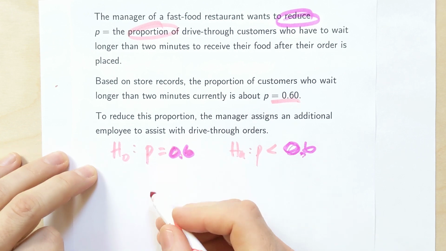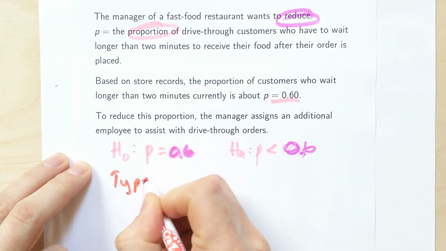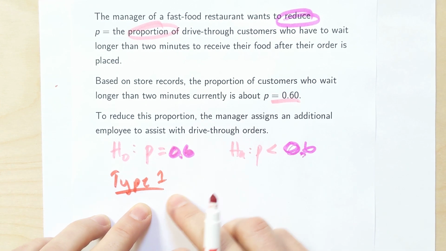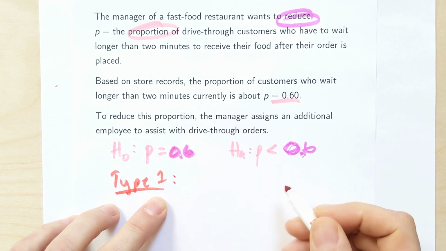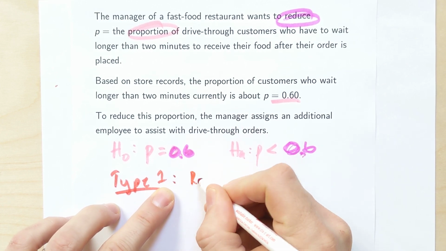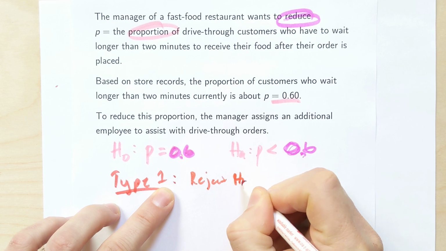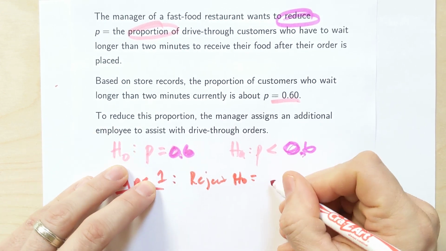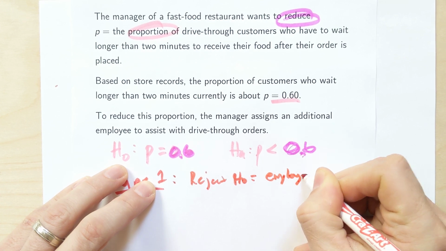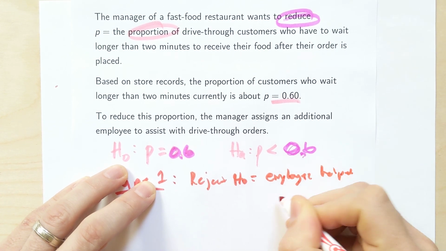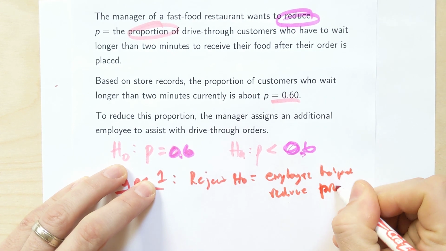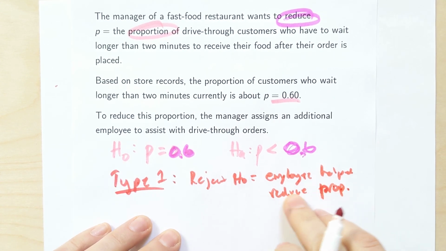Well, remember, the type 1 error would be the situation where I would reject the null hypothesis when the null hypothesis is true. Let's think what that would mean. In this particular instance, if I choose to reject H0, that equals that the employee helped reduce the proportion of customers who had to wait a really long time.